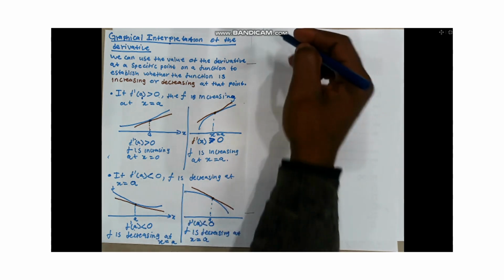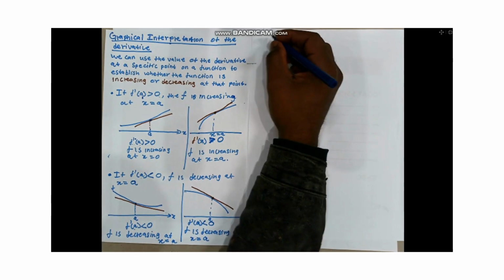So if your f prime of a is less than 0, it's negative, meaning your gradient is less than 0, meaning your function is decreasing at a specific point. That is very, very important.